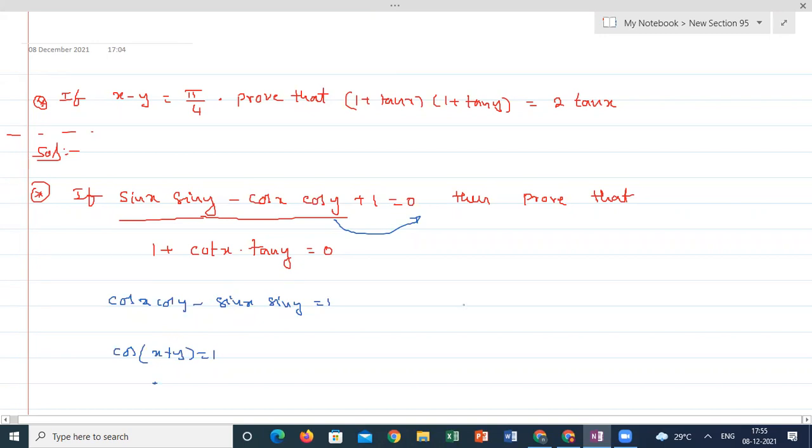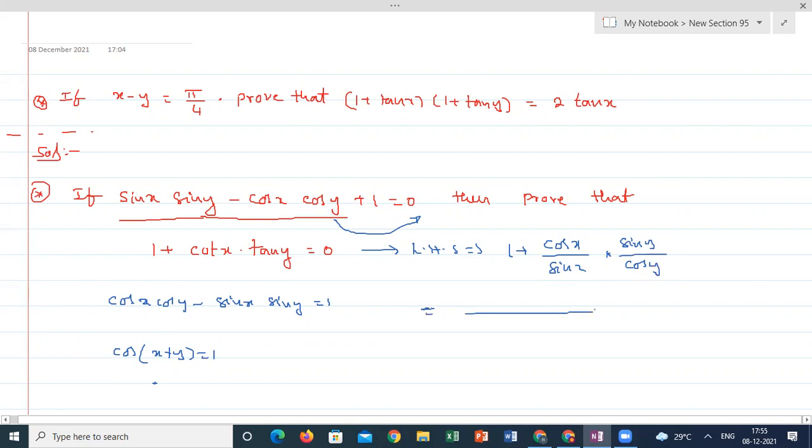He's asking 1 plus cot x into tan y. I am taking LHS here. After converting into sin and cos, cot x can be written as cos x by sin x into tan y, which can be written as sin y by cos y.